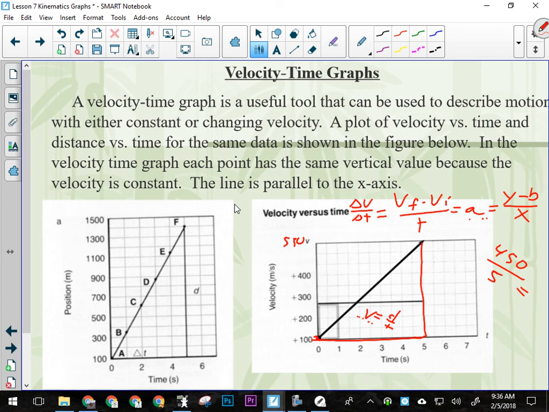All right, how do you calculate the area of a triangle? Base times height divided by 2. Now you guys just told me that the average velocity would be right in the middle, like half the height of that triangle. Base times height over 2. That's why it works. It finds the average velocity.